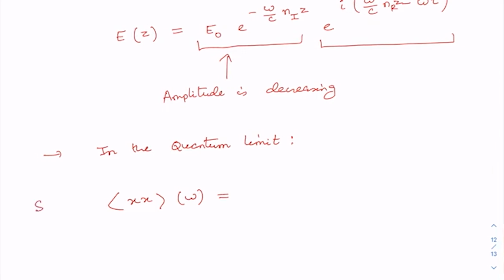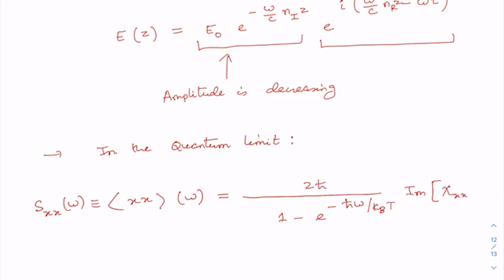This noise spectrum is equal to twice h cross divided by 1 minus e to the power minus h cross omega by k_B T, and this is related, again, to the imaginary part of the mechanical susceptibility. At high temperature, the quantum version coincides with the classical version, and we'll discuss it in the problem solving session.